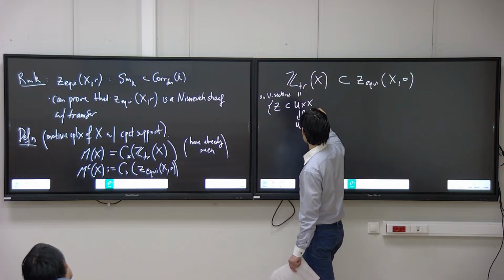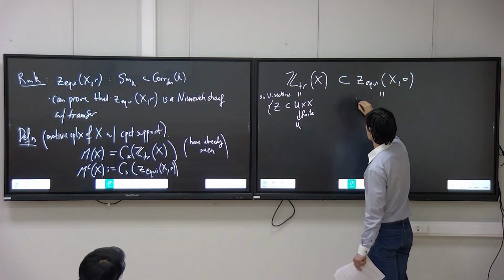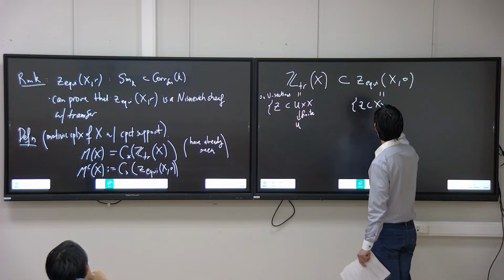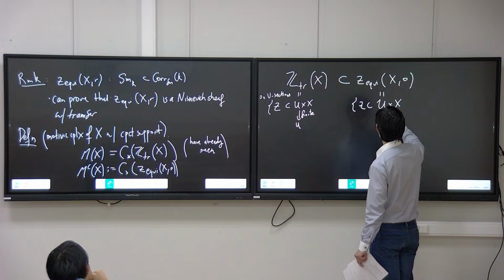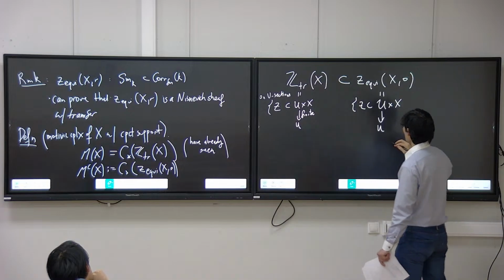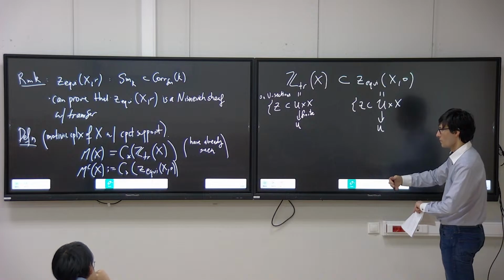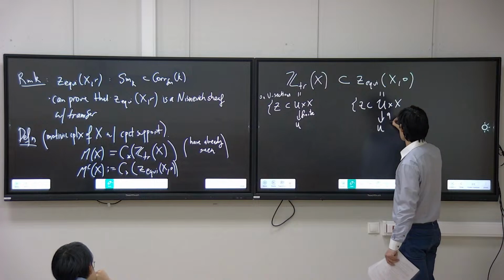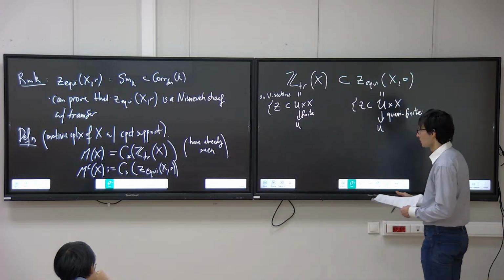And here it's on Z in U times X, where the projection is now either empty or of dimension 0. In the literature we call this quasi-finite. So it's either empty or a discrete set of points.